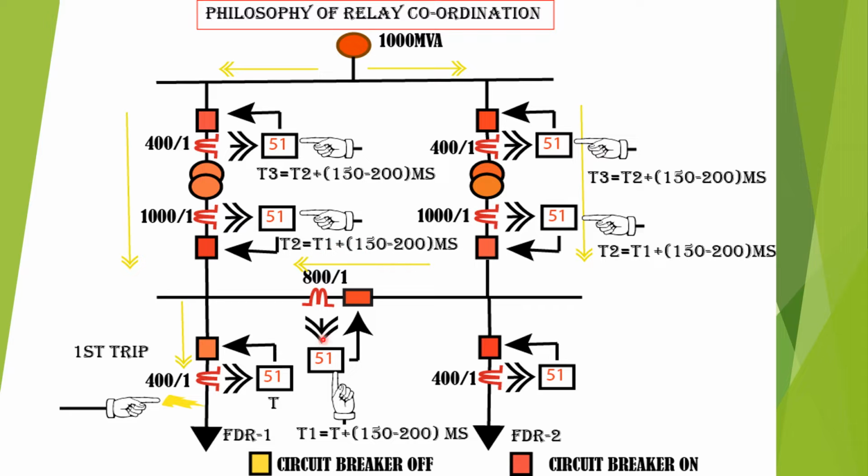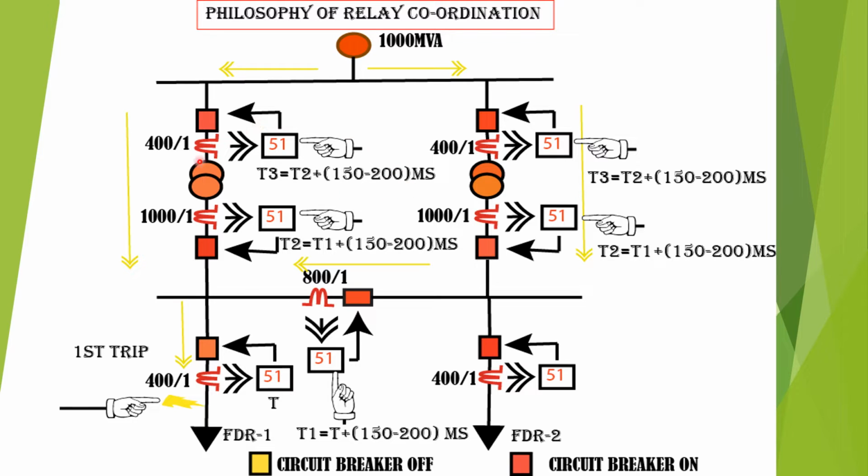T1 is the time taken by the overcurrent relay of the bus coupler. Again, another grading margin is given for the HV side overcurrent relay, which is T3, that is T2 plus 150 to 200 millisecond.